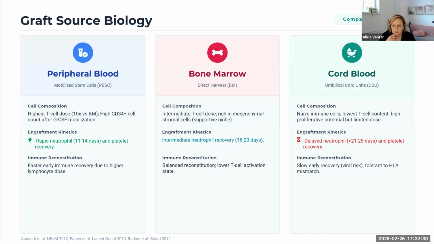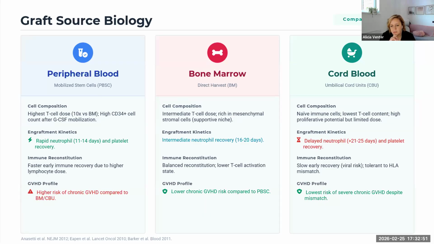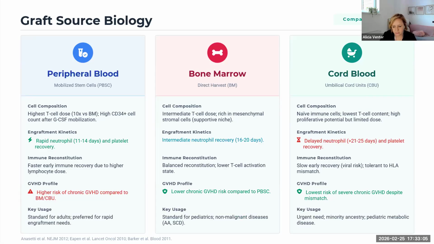In terms of immune reconstitution for PBC, you see faster early immune recovery. Bone marrow, again, is sort of intermediate, and for cord blood, it's a slow recovery. In terms of GVHD profile, PBC definitely has the much higher risk profile for chronic GVHD compared to bone marrow and cord. Bone marrow is on the lower end, and cord is even lower than that.